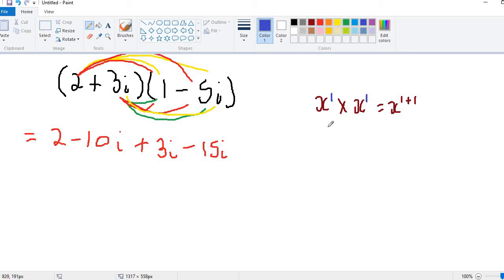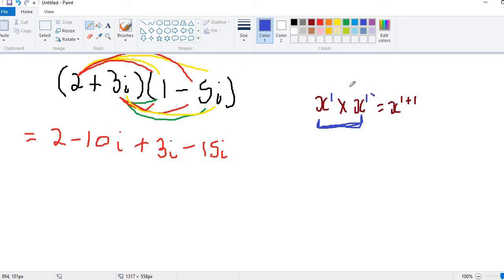So these are like terms. So when we multiply them, we add the exponents. Yes, I think when you multiply the same base, you add the exponents. I think it's something like that.